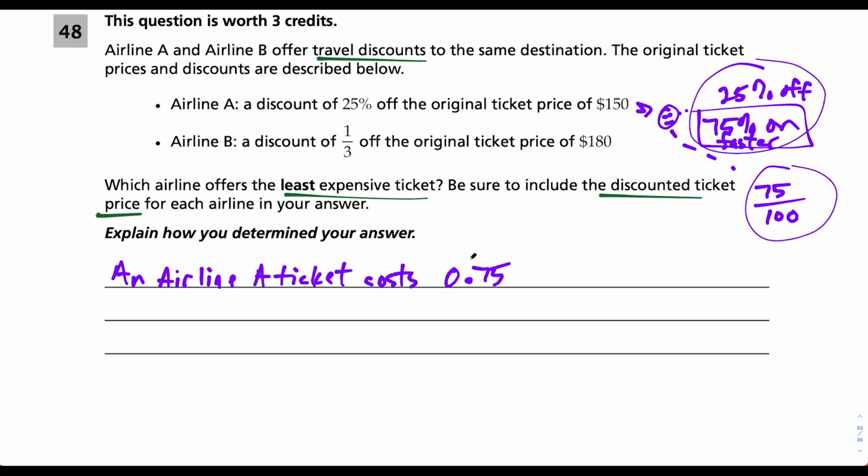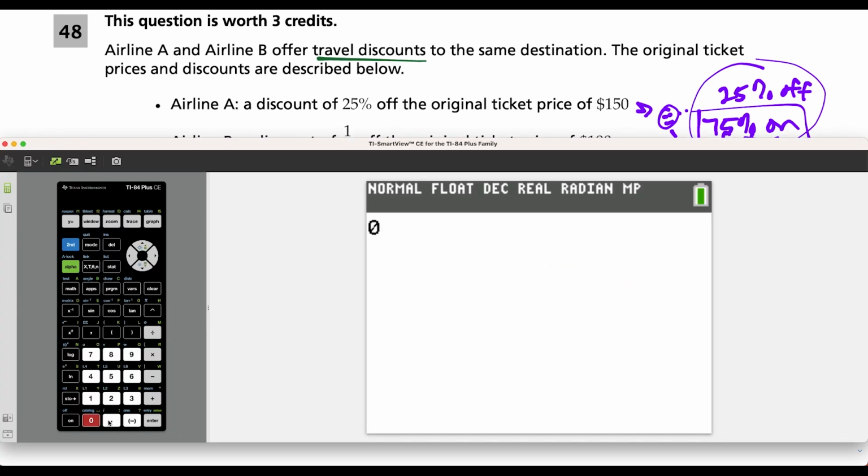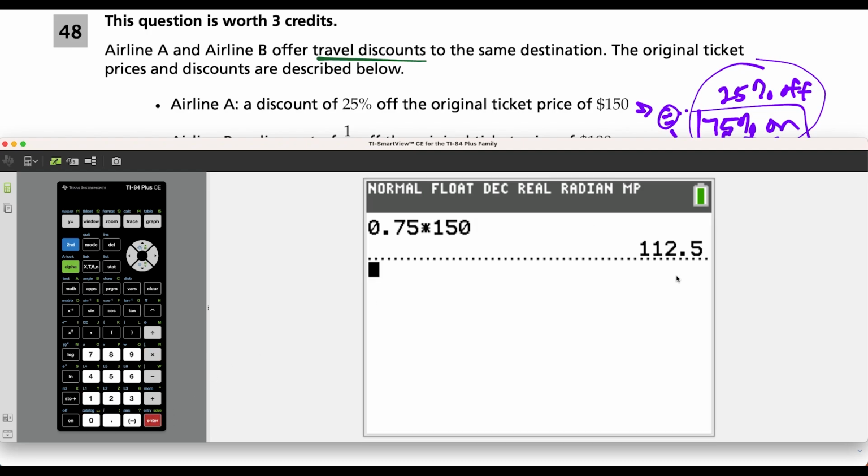So the Airline A ticket cost 0.75 times the original price, 150. So when we work this out here, we have 0.75 times 150, and this is going to work out to $112.50. Now just know, if you want to take 25% off, you could do 0.25 times 150.